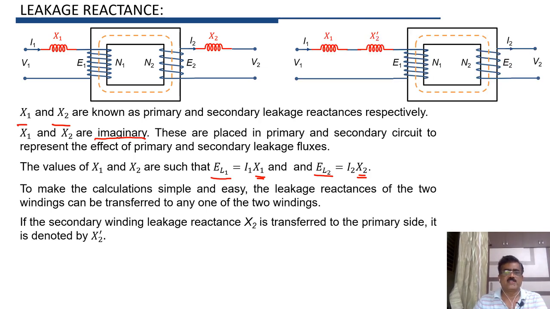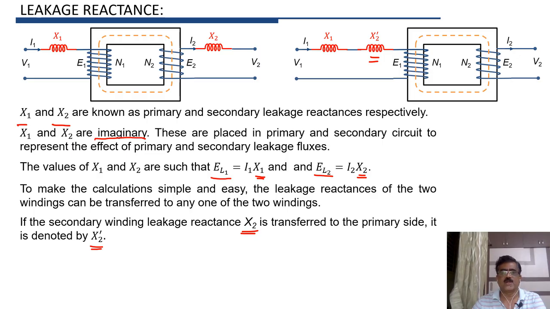So if the secondary winding leakage reactance X2 is transferred to the primary side, it is denoted by X2 dash. This X2 dash is actually the leakage reactance of secondary, that is X2, transferred to primary.